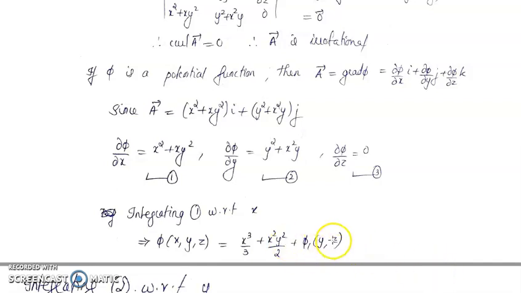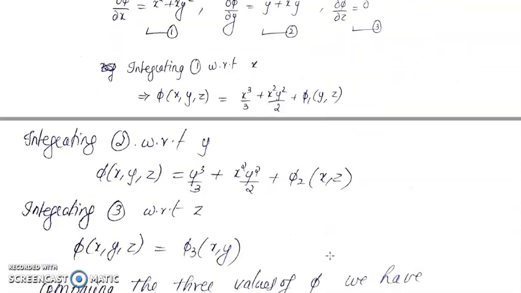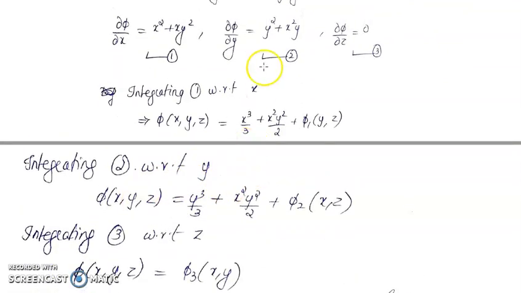So here in place of the arbitrary constant you will have phi 1 of yz. Similarly, when you integrate the second equation with respect to y, you will get y cube by 3, then x square y square by 2, and in place of the arbitrary constant, since x and z are constants, phi 2 of xz will come. That will be the arbitrary term in it.